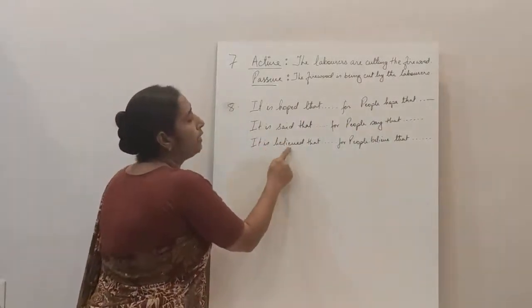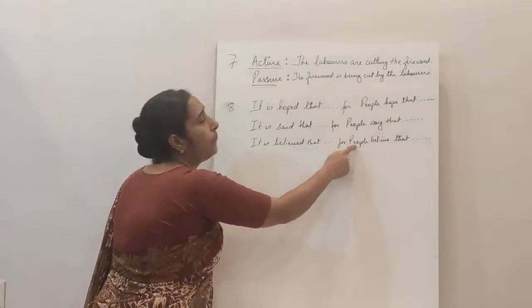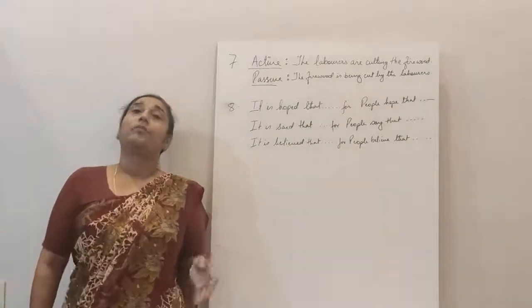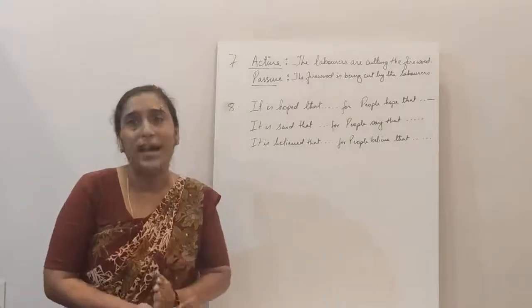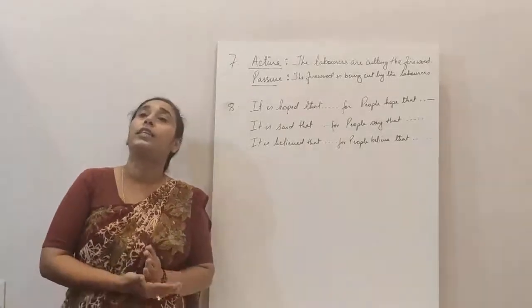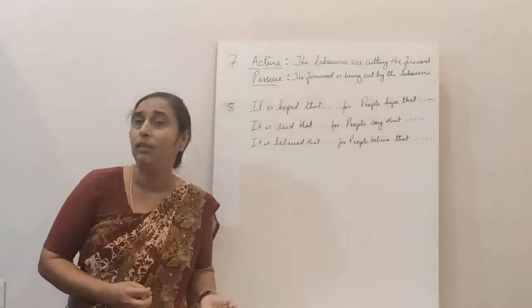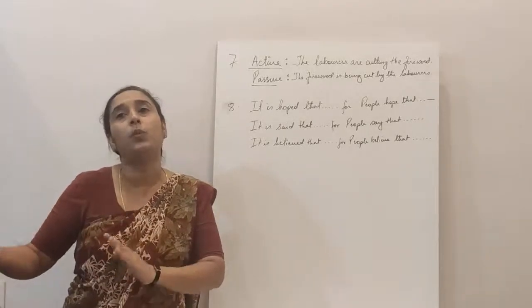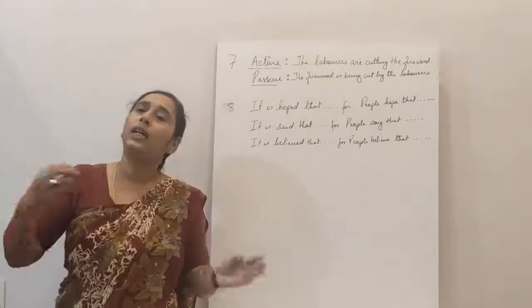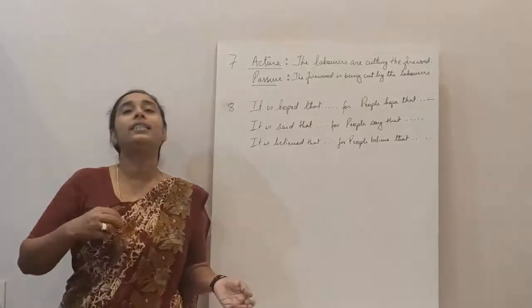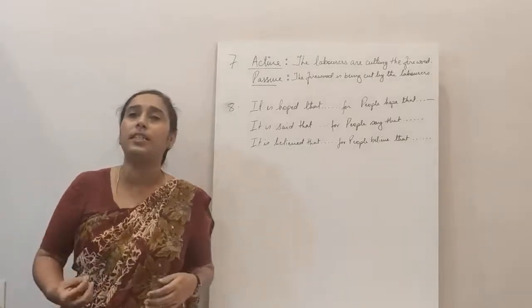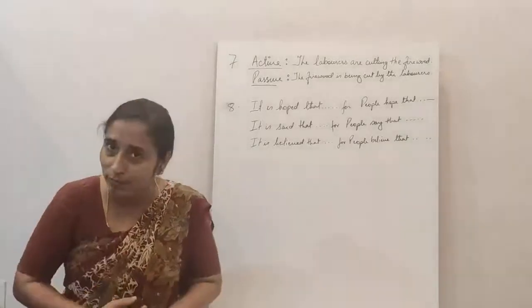It is believed that, for people believe that. Now, this form of passive voice is often found in reports. Example, it is hoped that survivors will be found. Another example, it is said that the price of essential commodities will come down.